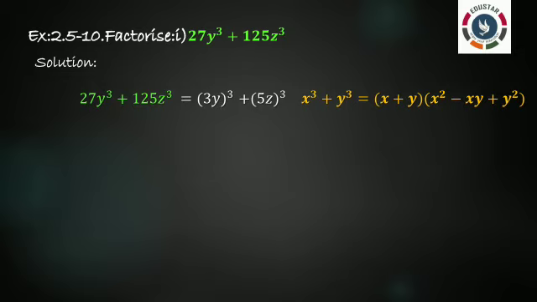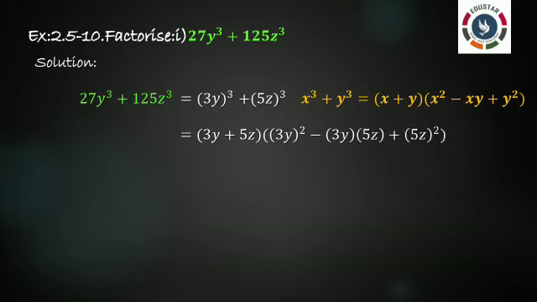So your x value is 3y and your y value is 5z. Now apply in the identity. We get (3y plus 5z) into ((3y) the whole square minus 3y into 5z plus (5z) the whole square), which is equal to (3y plus 5z) into (9y square minus 15yz plus 25z square). So we have factorized it.